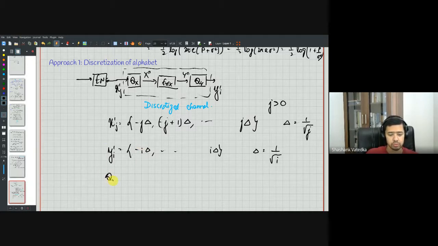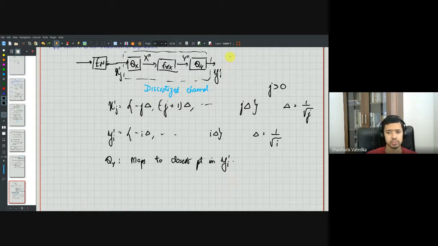So Qy basically maps to the closest point in Y_I prime. Basically I'm just doing some post processing at the receiver. I'm first doing the quantization, and then I'm going to decode assuming that the output alphabet was this. So I'm going to design this encoder and decoder to work for this particular input alphabet and this particular output alphabet.